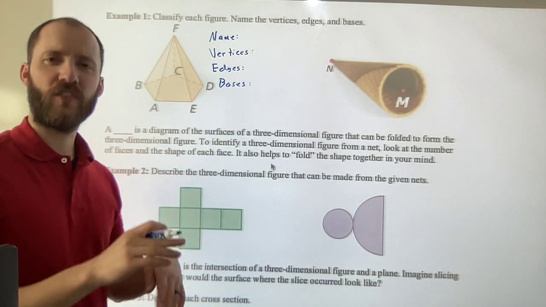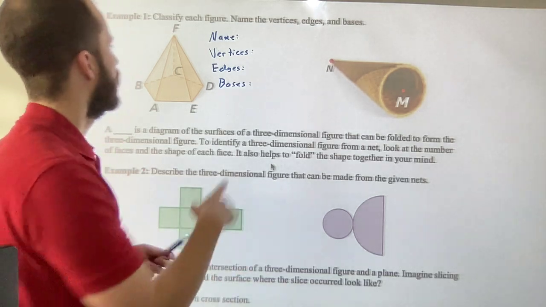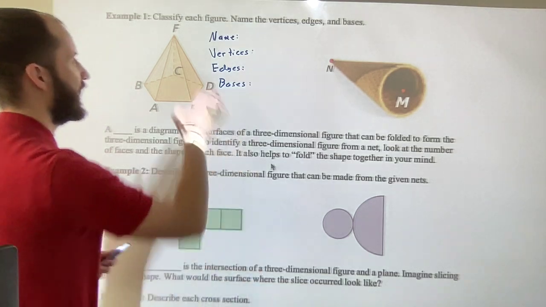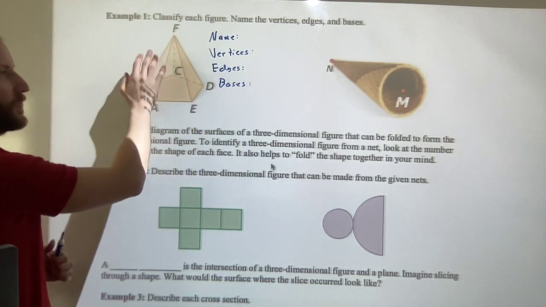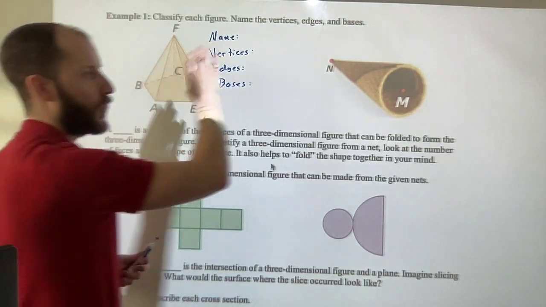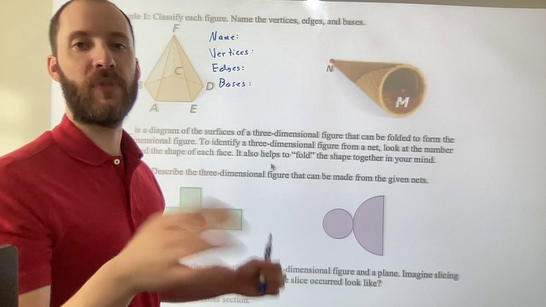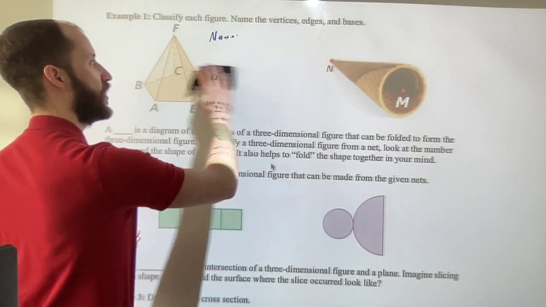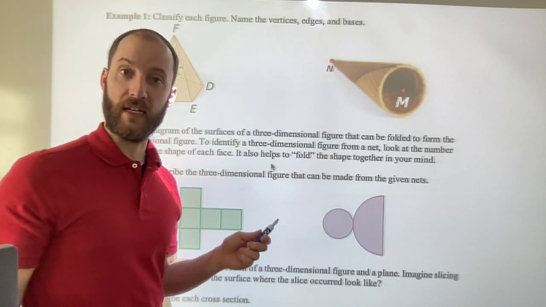So again, just really applying the definition of these shapes and the properties of these shapes, and then identifying what you want from this three-dimensional figure. Look at both of these, then check your answer with my completed notes. So go ahead and pause the video, fill those out, check to see how you did.